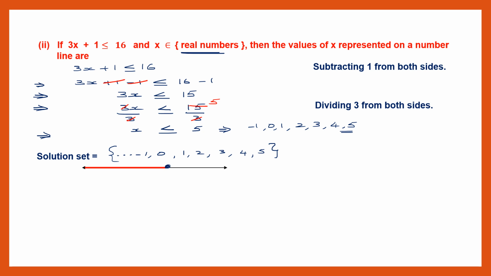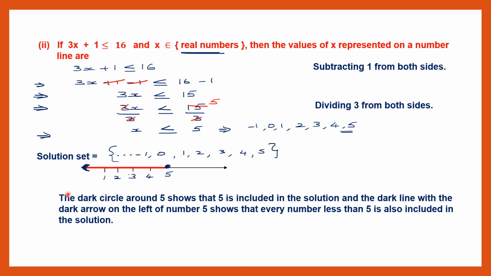I put a dark dot here and this will be 5 and all these will be 4, 3, 2, 1 and so on. All this will go on. And here this arrow mark should be a darker one. This arrow mark is darker and the line that I've drawn on top also should be darker. So this is to show that the numbers begin from 5 and it keeps going on to the left side because there are many numbers on the left.